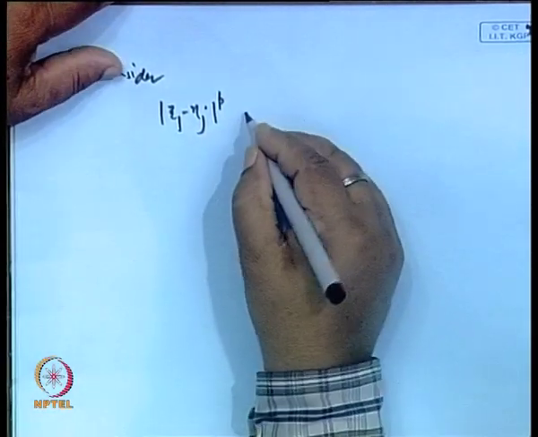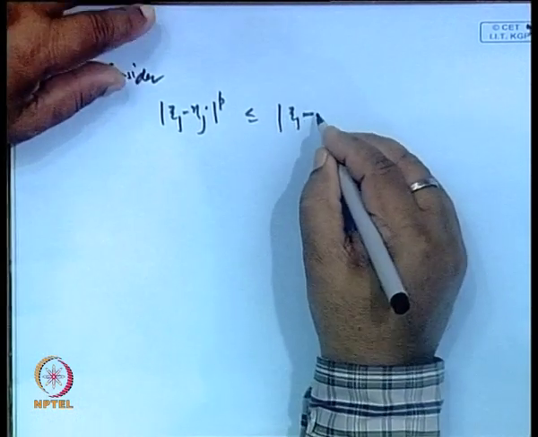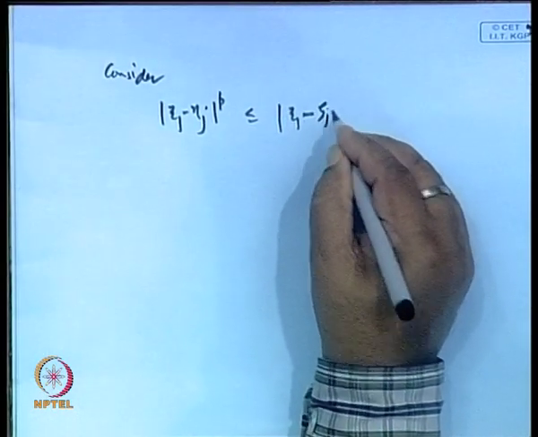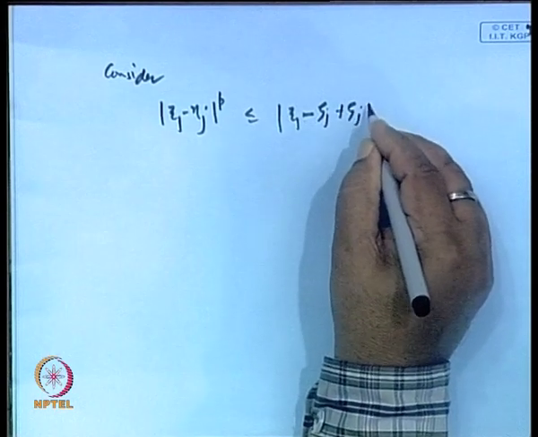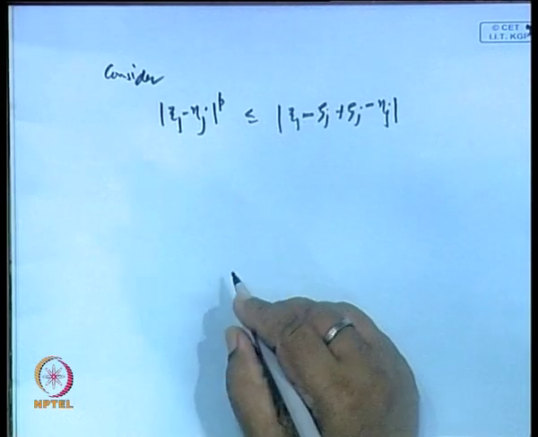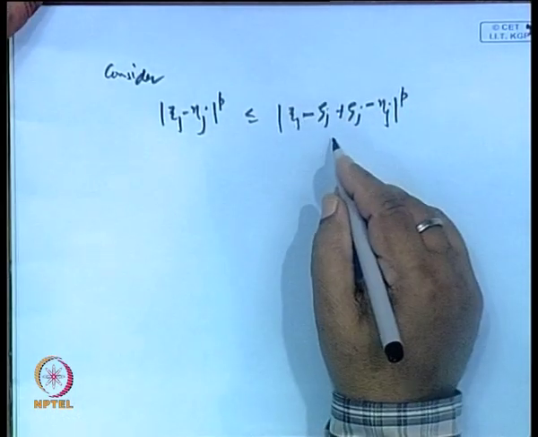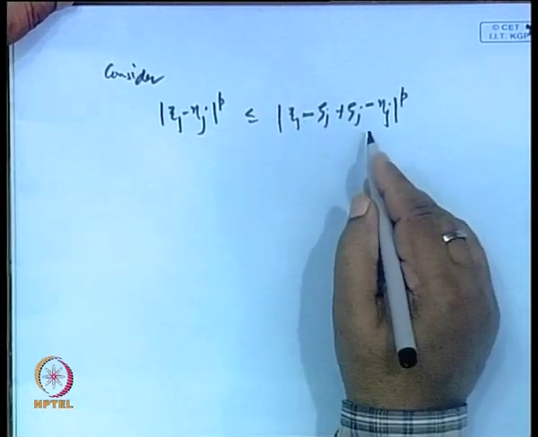Then this is less than or equal to mod xi j minus, say, zeta j plus zeta j minus eta j, power p, where p is greater than 1.